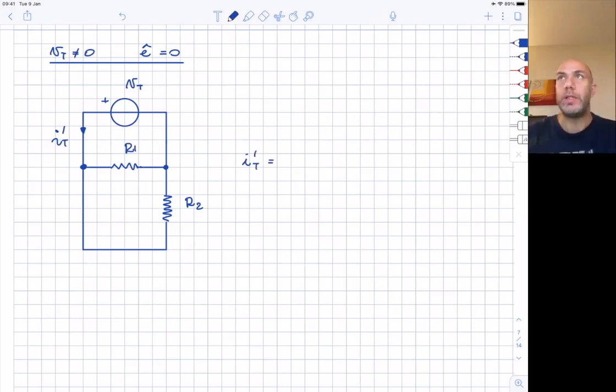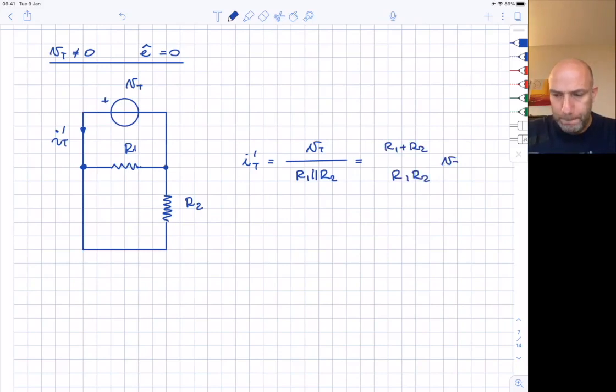And the value is pretty simple because we have two resistors connected in parallel, R1 in parallel with R2, that are connected at the terminals of a voltage generator. So IT prime is Vt over R1 parallel with R2. If we do some basic algebra, we get R1 plus R2 divided by R1 R2 Vt.